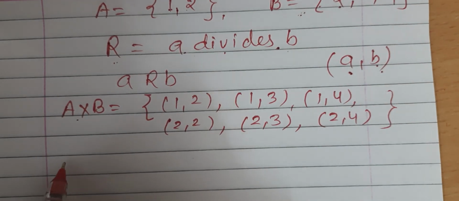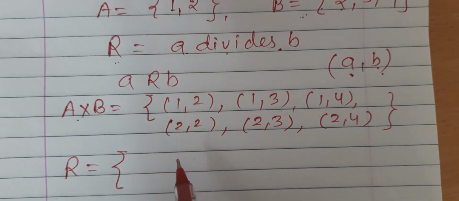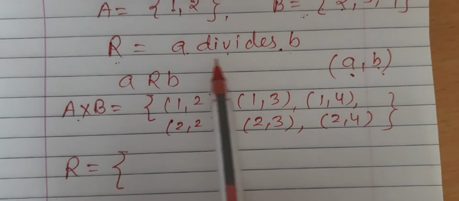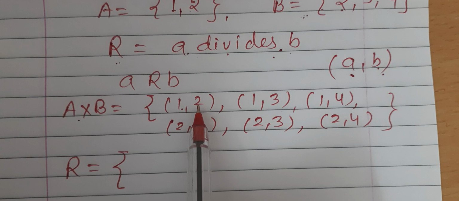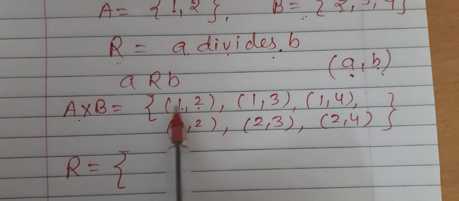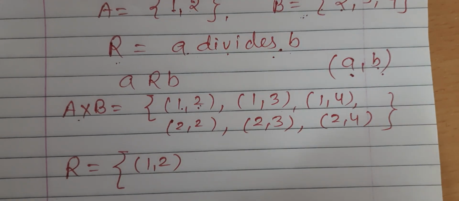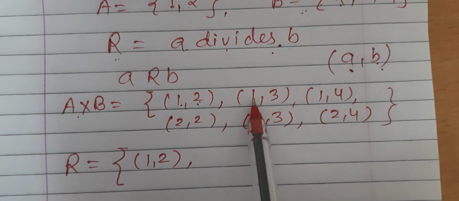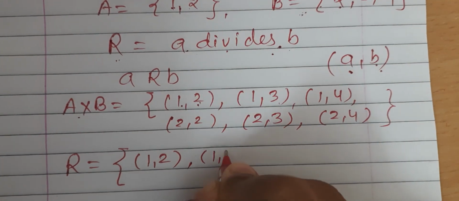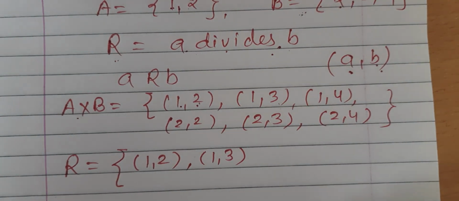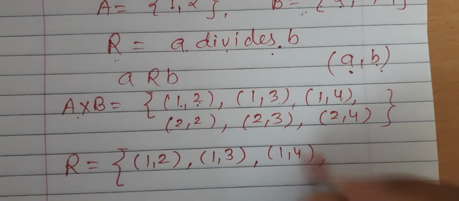So now we will define this R. What is R? R will include only those elements which satisfy this condition. So does 1 divide 2? Yes, 1 divides 2. So we'll include 1 2 here. Does 1 divide 3? Yes, so we'll write 1 3 here. 1 divides 4? Yes. 2 divides 2?